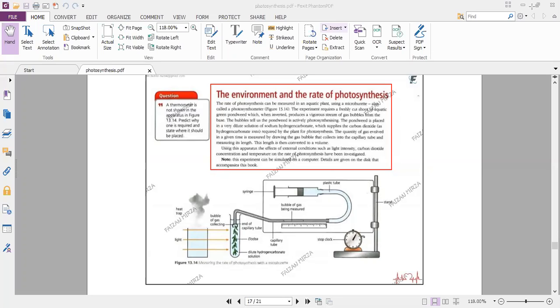You will state to keep the 40-watt bulb at a constant distance from this setup, and then add, for example, 1 gram of sodium bicarbonate, dissolve it in water and place the Elodea plant, leave it for 2 minutes, and then start the timer and note down the time taken for a known volume of oxygen to be collected. Then you can just repeat it.